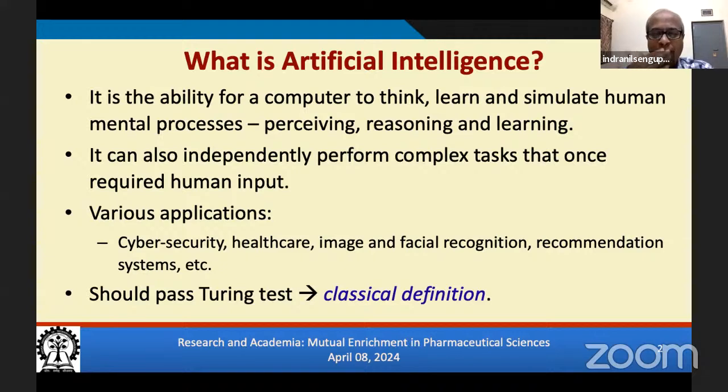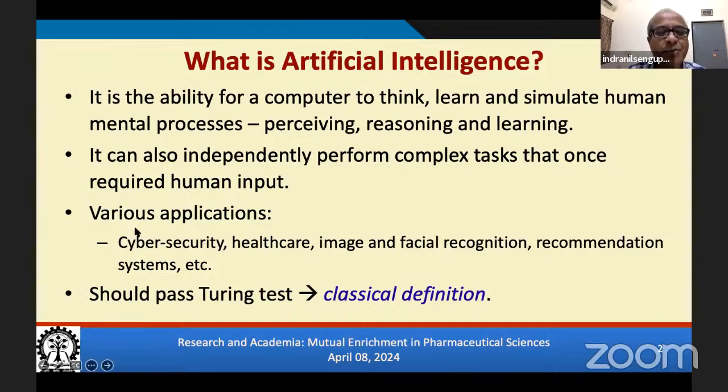Once we can have such a computer system, we can use it for solving complex problems in many complex applications. Problems which normally required human effort, human intervention, now possibly can be done by computers.